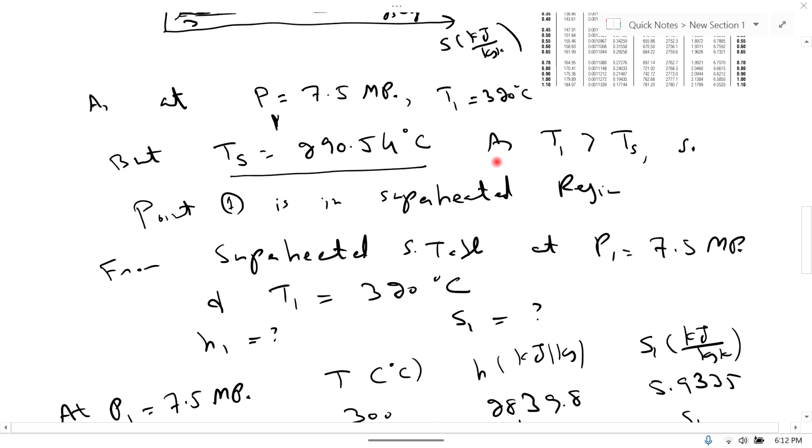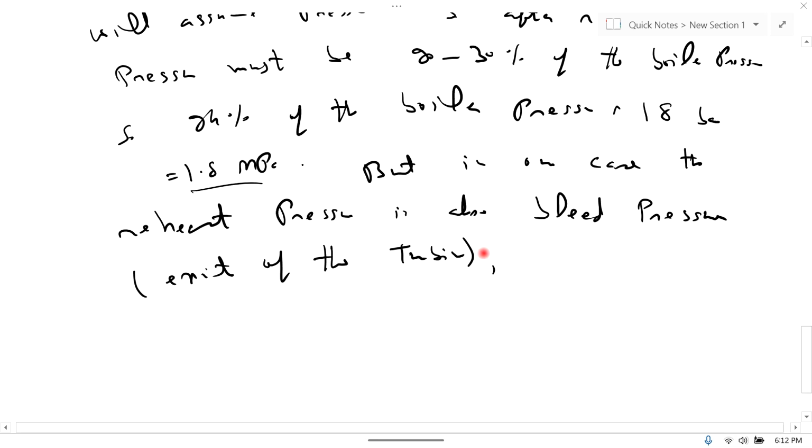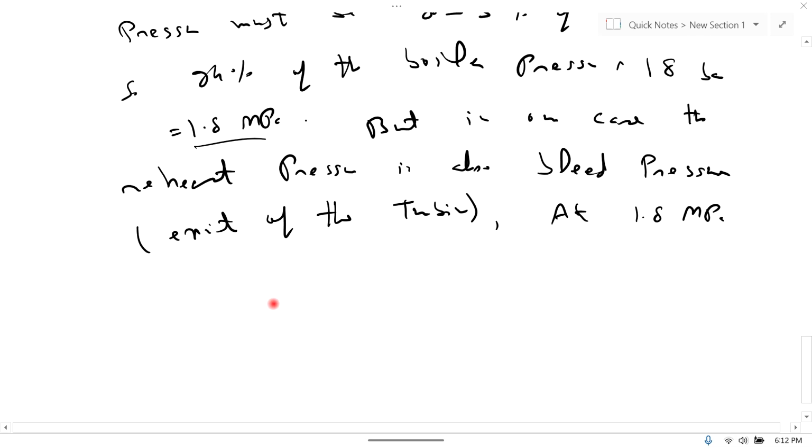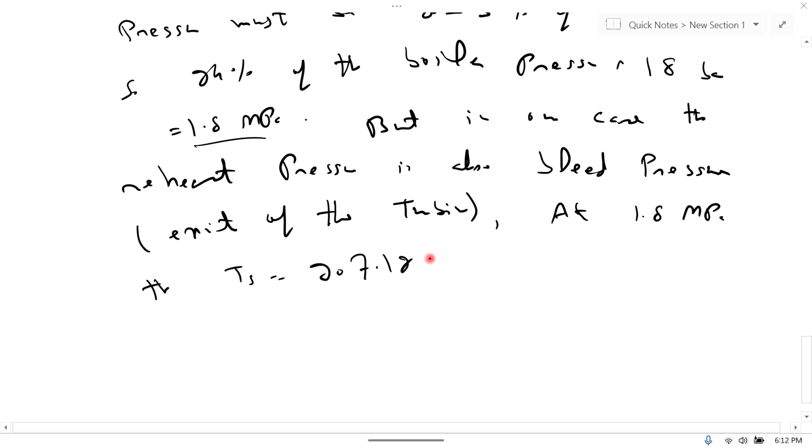And if we check the saturated steam table at 1.8 megapascal, the saturation temperature is 207.2 degrees centigrade, which is too much at the exit of the turbine.